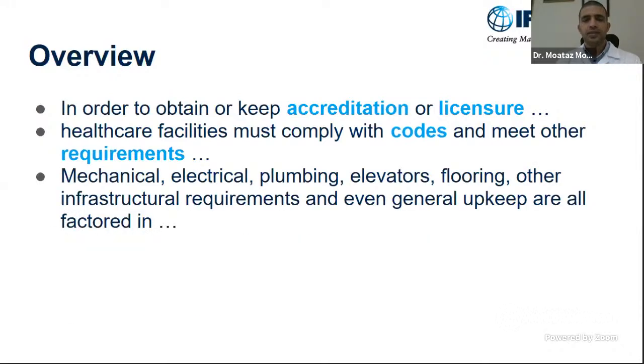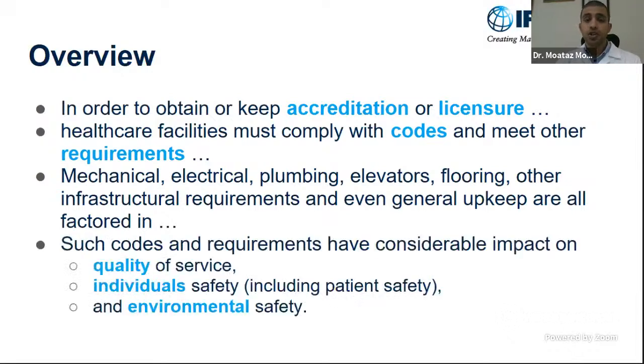And these requirements or codes cover many areas of the facility, including mechanical, electrical, plumbing, elevators, other infrastructure requirements, and even the general upkeep of the facility is factored in as well, as of course Dr. Sachin has explained to us. So such codes and requirements are actually very important because they have considerable impact on the quality of the service provided by the healthcare facility, in addition to individual safety, including patient safety and environmental safety as well.